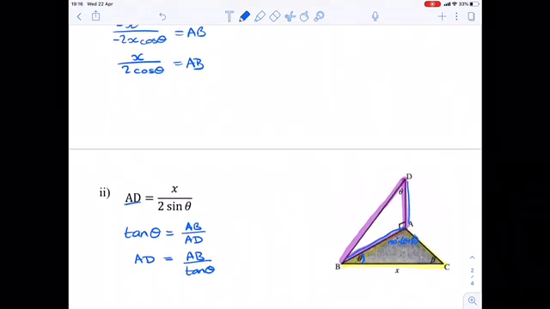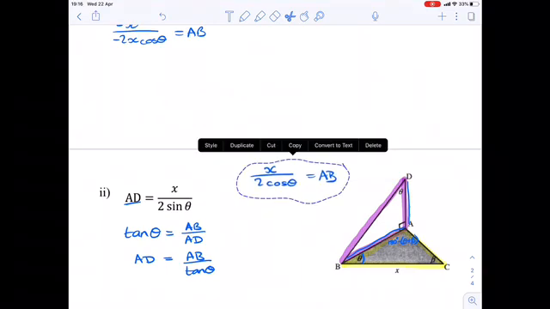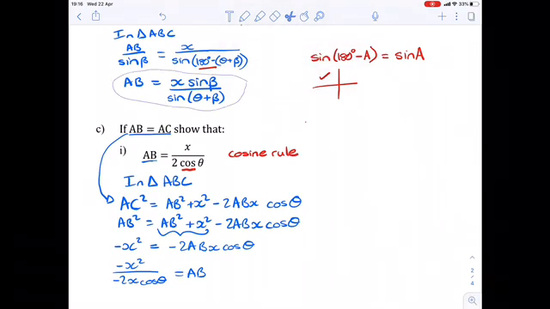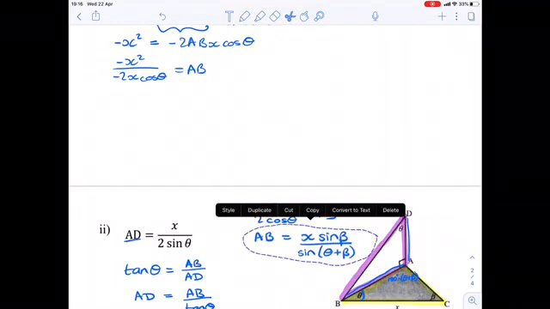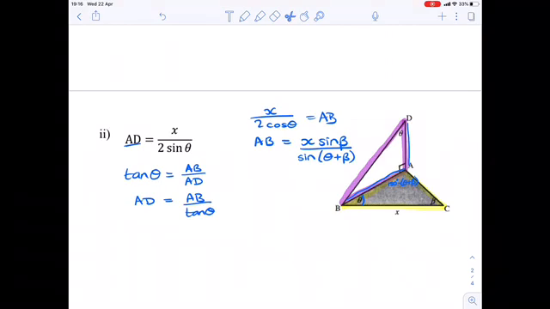Now we've got two different expressions for AB that we've already worked out. We've got this expression for AB that we worked out in the last question, but we also have, from the previous question, another expression for AB. So now the trick is, which one of those am I going to use?